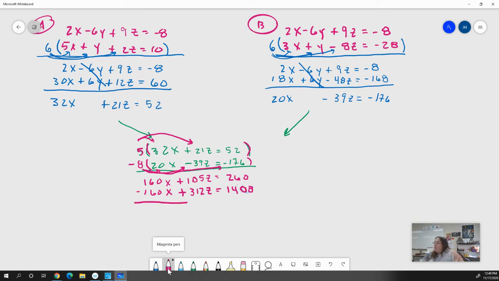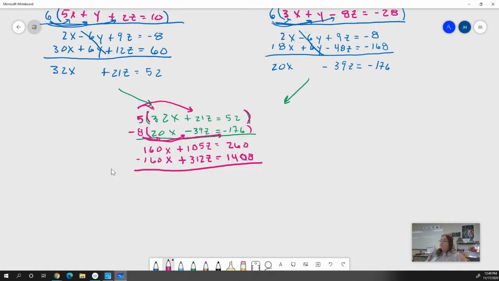And so now when we add these two together, our x value drops out, which is our whole reason for being, right? The whole reason we did this is so that we could be left with only one variable, and that variable is going to be z.